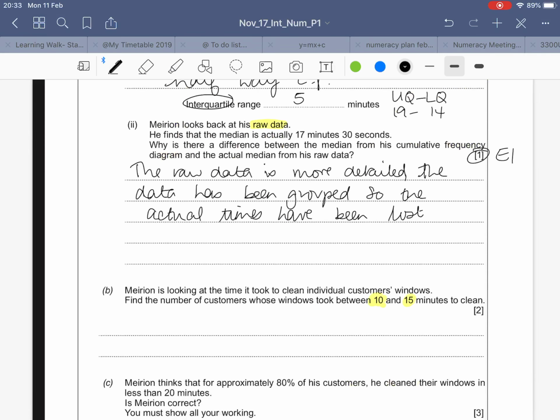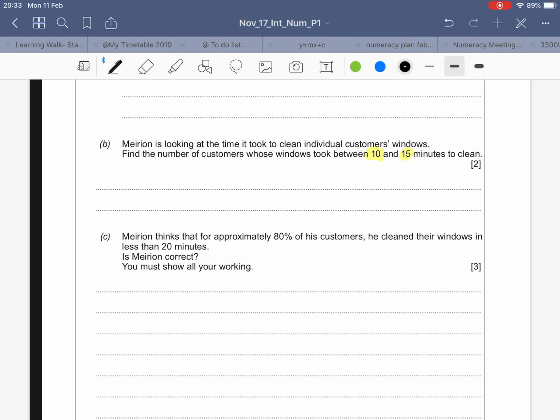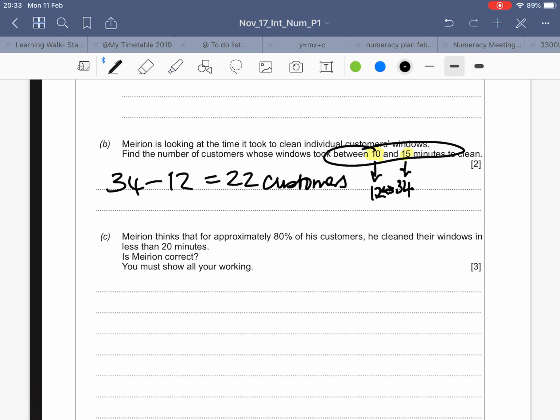So looking to see between 15 minutes there was 34 customers, and between 10 minutes there was just 12 customers, and if I'm going in between that, 34 take away 12 gives me 22 of his customers that are between those two times.